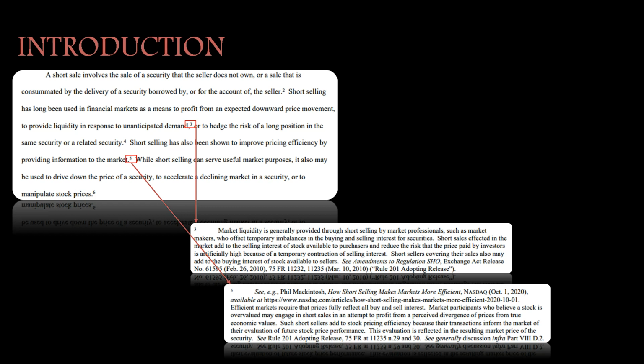Market participants who believe a stock is overvalued may engage in a short sale in an attempt to profit from the perceived divergence of prices from true economic values. Such short sellers add to stock pricing efficiency because their transactions inform the market of their evaluation of future stock price performance. This evaluation is reflected in the resulting market price of the security. Then it refers you to another ruling.